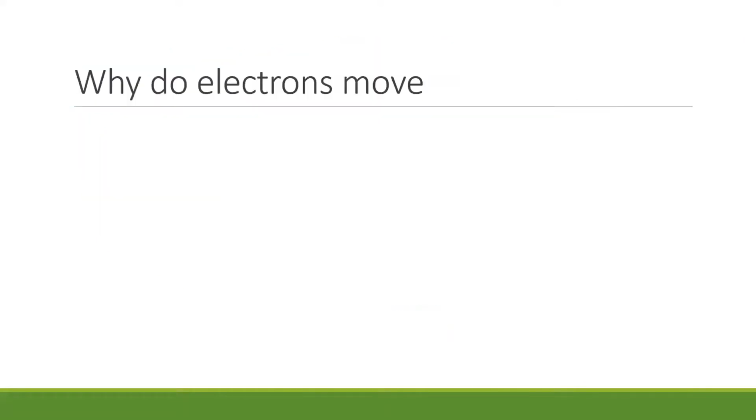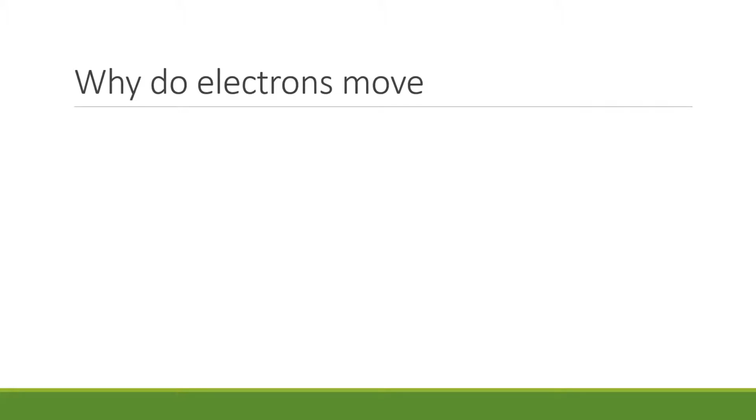So here's one of the questions that I usually ask before I even start any of the questions. If electricity is when electrons move, why do electrons move? That might seem like a weird question for you, but ultimately, that's the basics here.